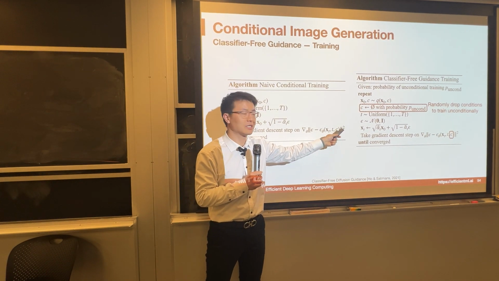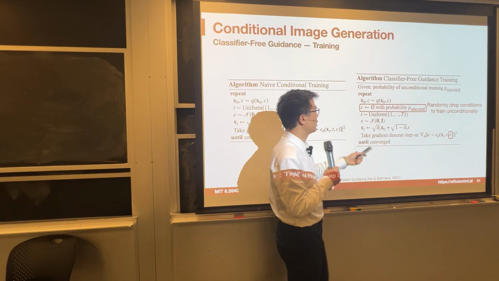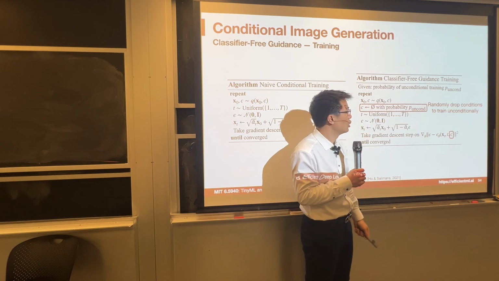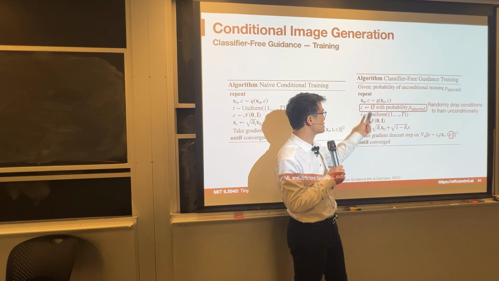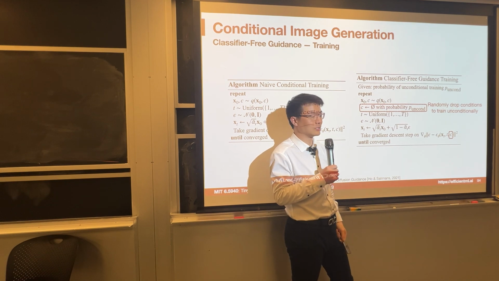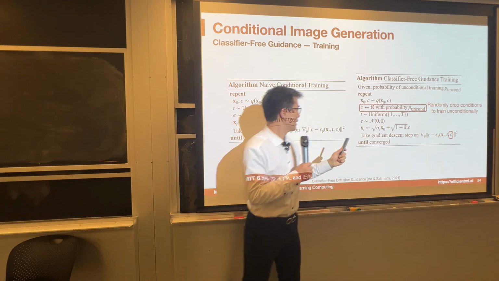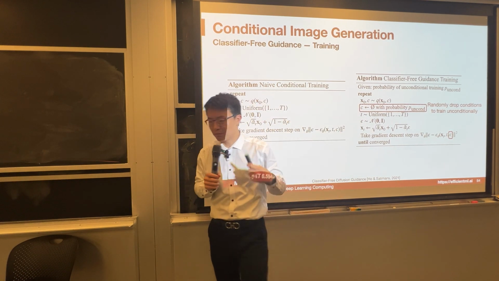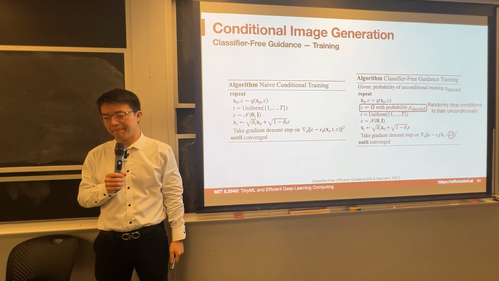Given x, given t, given c, we try to predict the noise, minimize the distance, and now with some probability, we randomly drop the condition so that we can train it unconditionally. So C here has some probability to be none, adding no condition. That's the only change, and C here is the same as the C here.